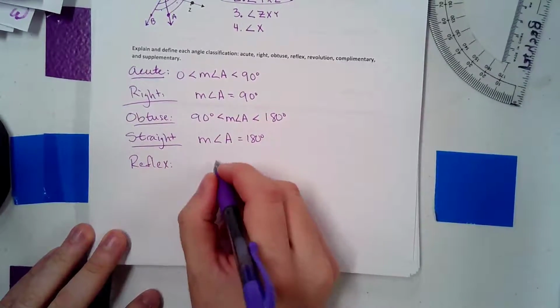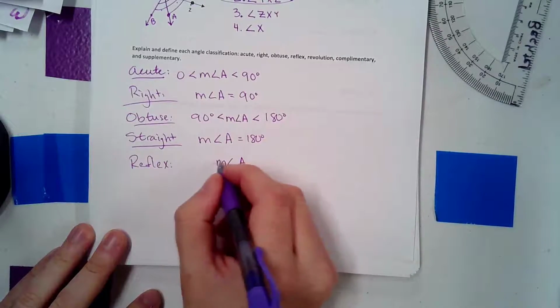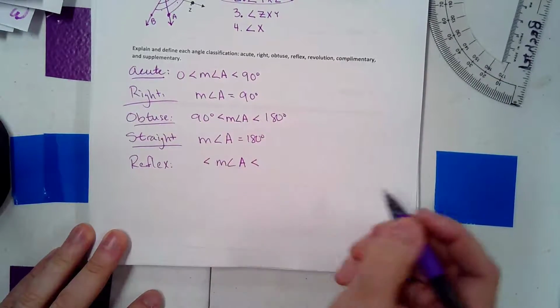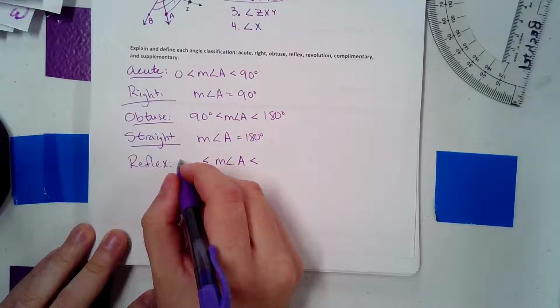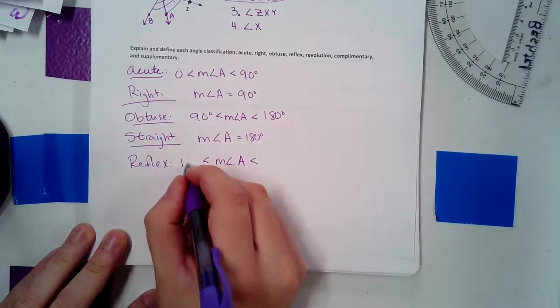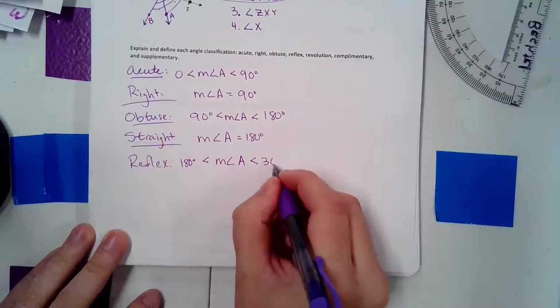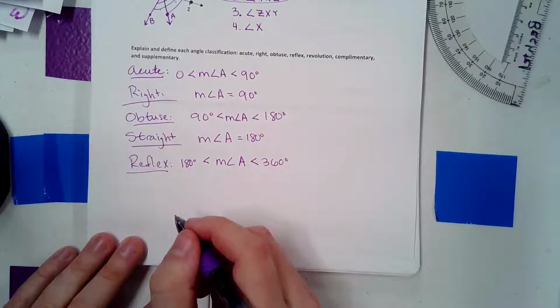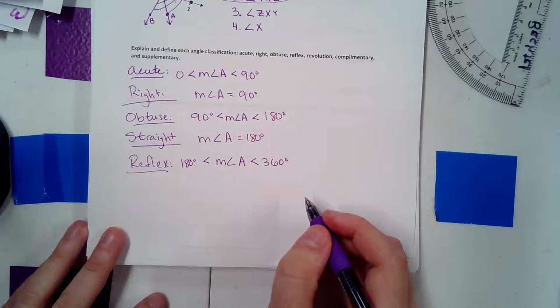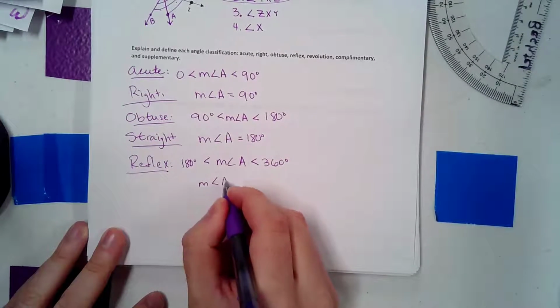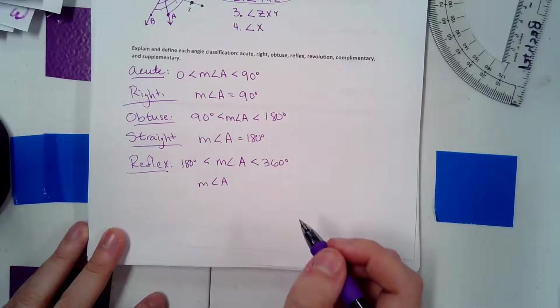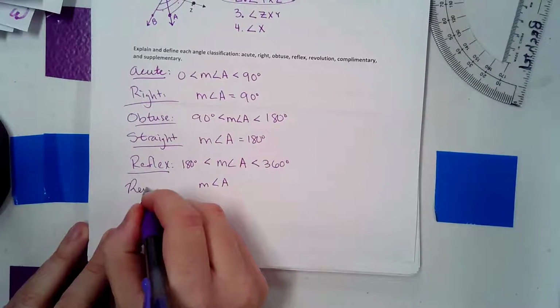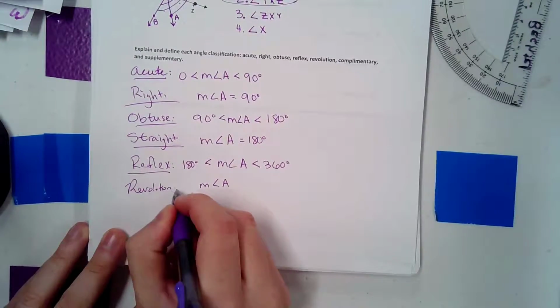If angle A is a reflex angle, then the measure of angle A is between what two numbers? 180 and 360. Last one that's not in your notes, but we did talk about. Revolution. And a revolution is exactly how many degrees?